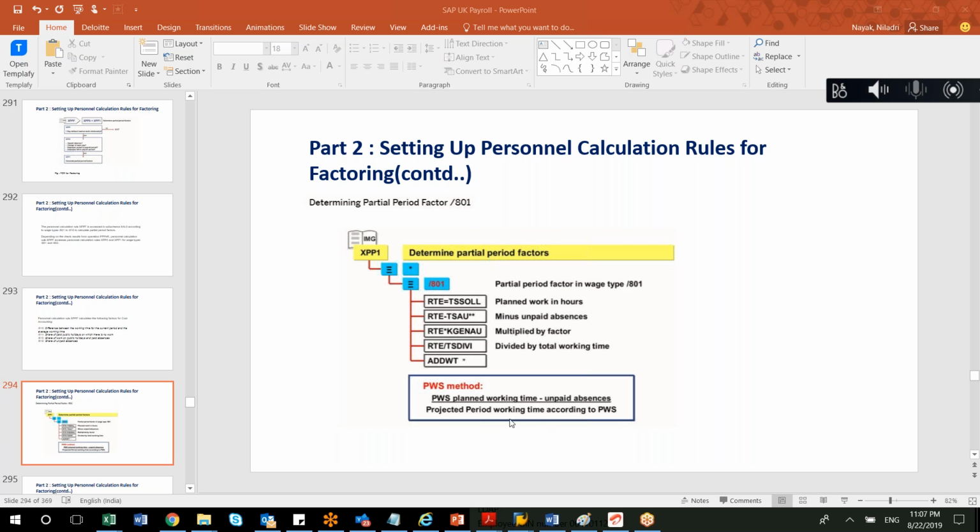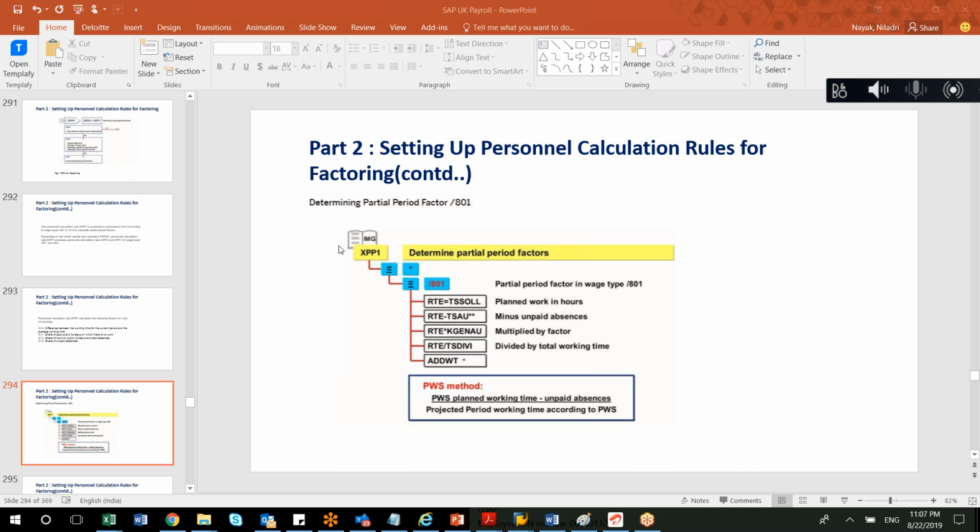That is your denominator here, the projected period working time according to PWS. Once it is done, it will add this wage type to /801. Then it will be processed through the schema and reflected in your salary, including the differences. So this is the overall concept of /801.